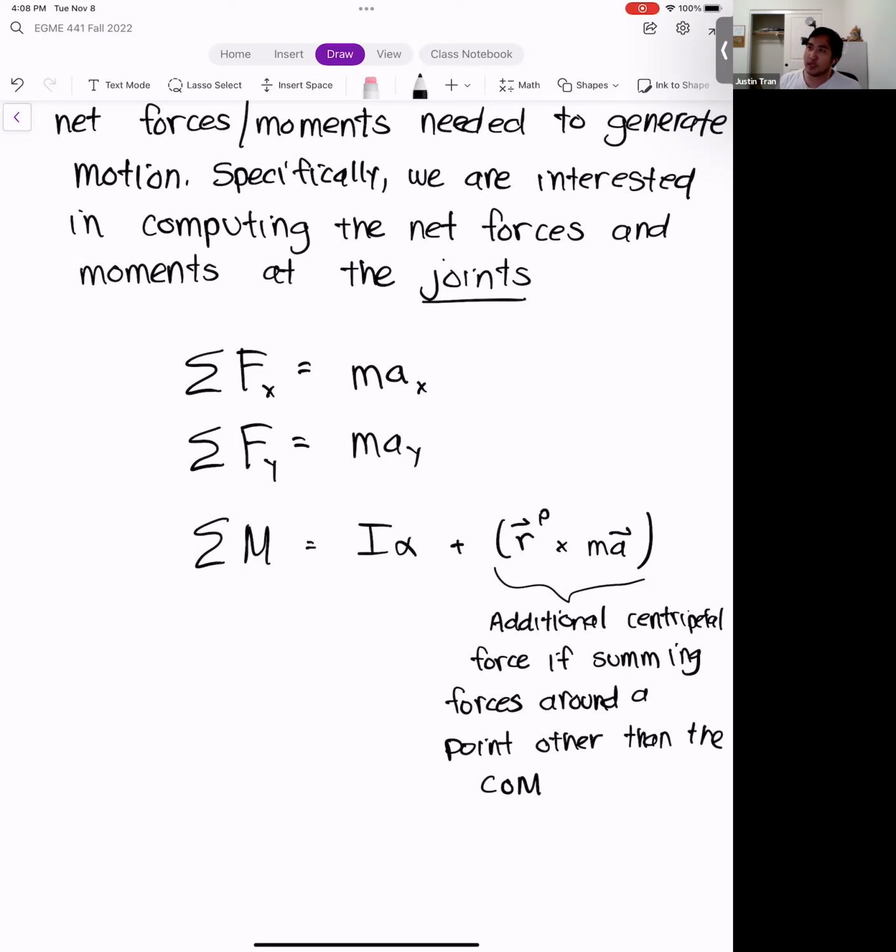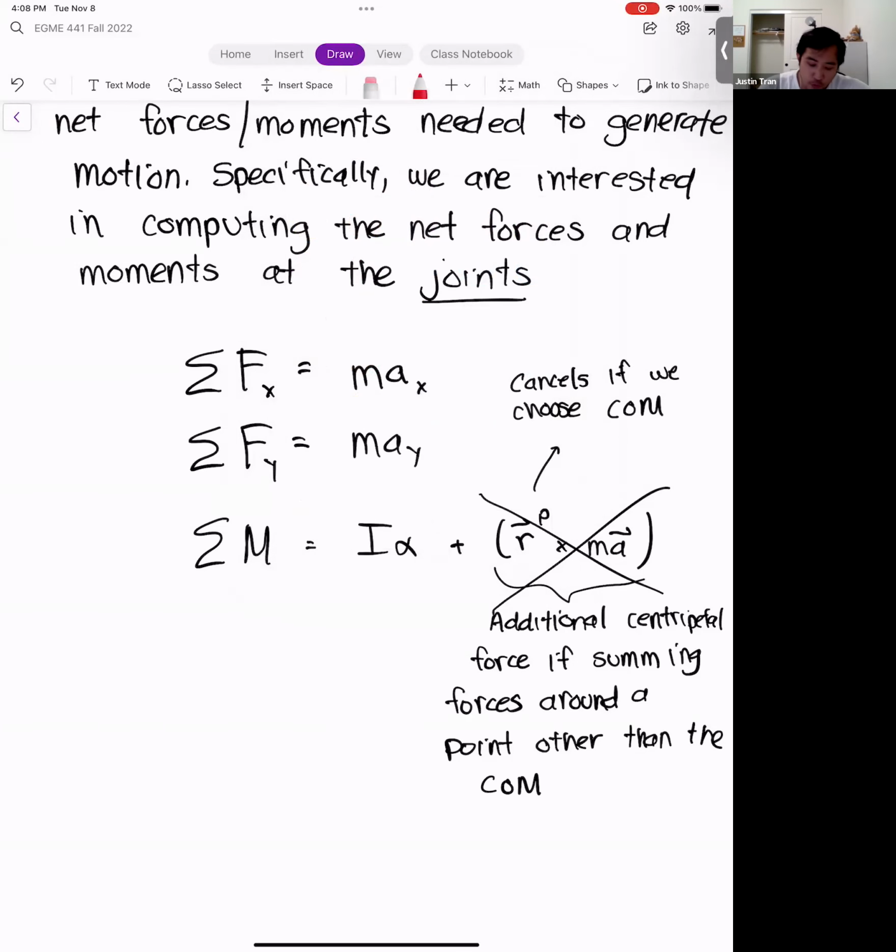So generally we're going to sum our moments around the center of mass, so we don't have to worry about that at all. If we choose the center of mass, this term cancels, and the sum of moments is just equal to I times alpha.